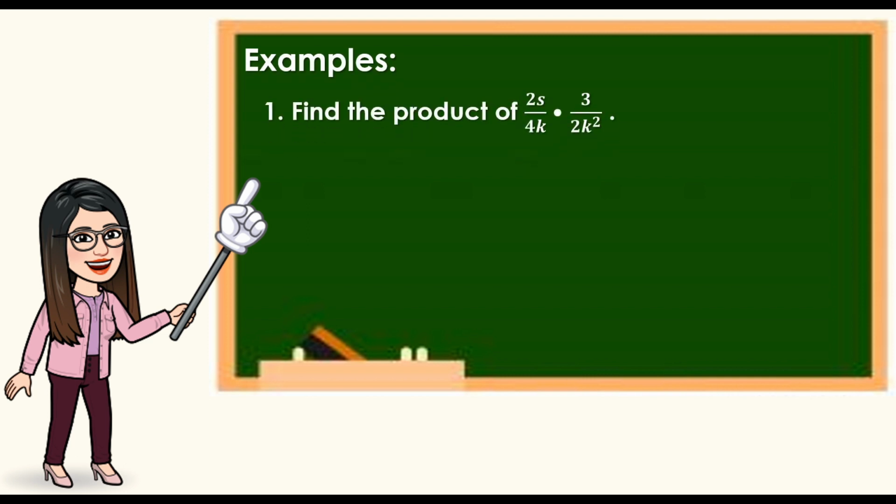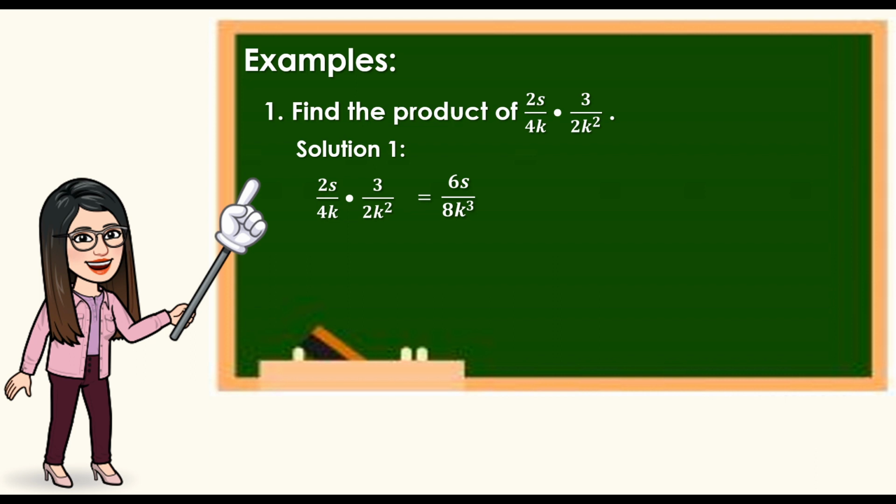1. Find the product of 2s over 4k times 3 over 2k squared. Let us solve. 2s over 4k times 3 over 2k squared equals 6s over 8k cubed.